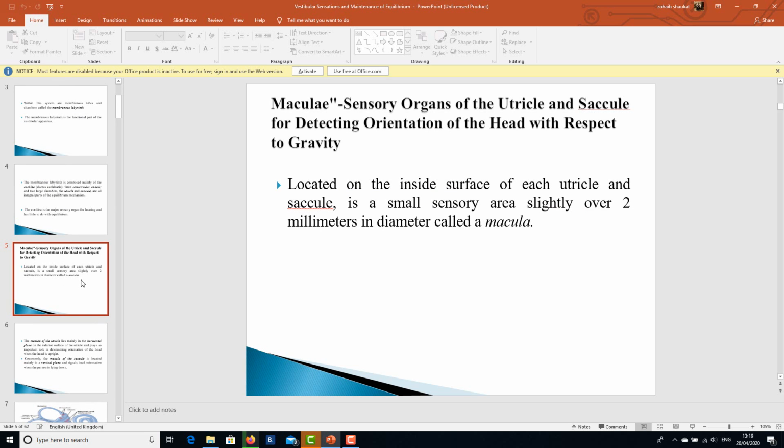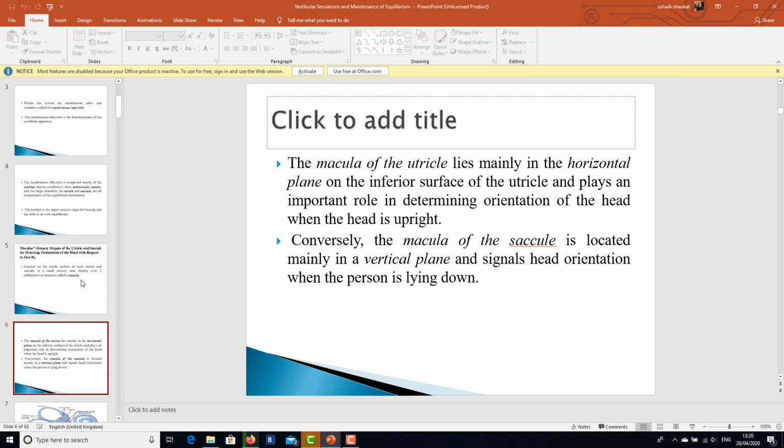Now maculae. Maculae are the sensory organs of utricle and saccule for detection of orientation of the head with respect to gravity. It is located on the inside surface of each utricle and saccule. It is small in size, mainly in the horizontal plane on the inferior surface of the utricle, and plays an important role in determining orientation of the head when the head is upright.